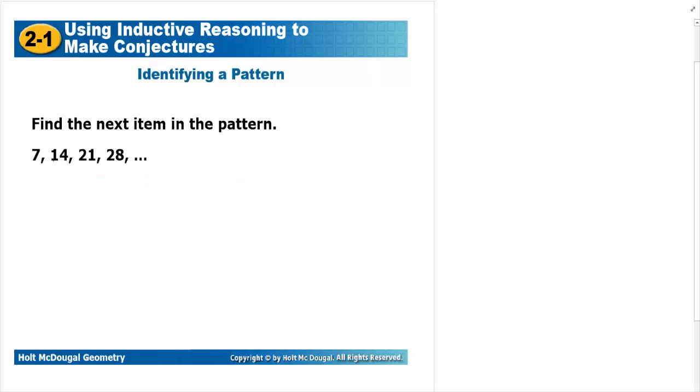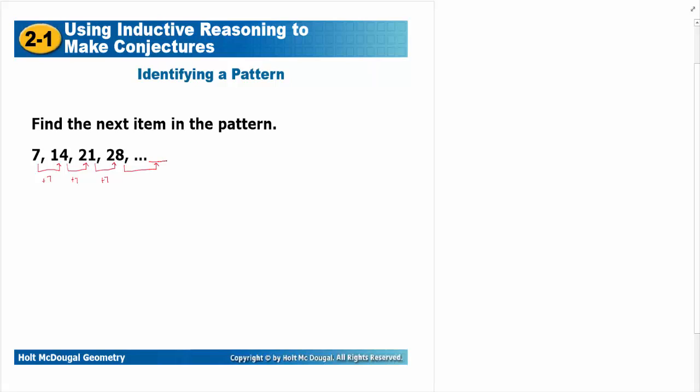Next pattern, we have 7, 14, 21, 28. This is actually like an arithmetic sequence that you learned in Algebra 1. And here we're adding 7 every time. So we want to keep adding 7.